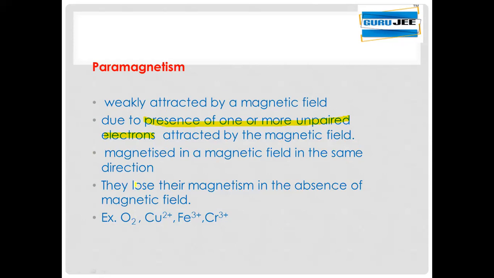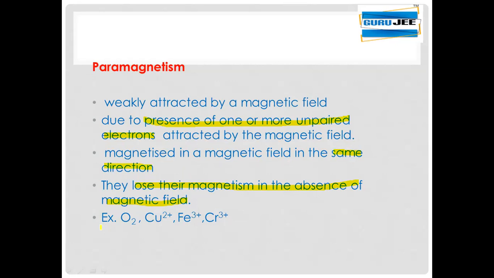Also, these paramagnetic substances lose their magnetism in the absence of a magnetic field. That means they act only as a temporary magnet. The third one is the same direction of the magnetic field. The electrons will align or magnetize in the same direction of the magnetic field. These three are the main points in paramagnetism.